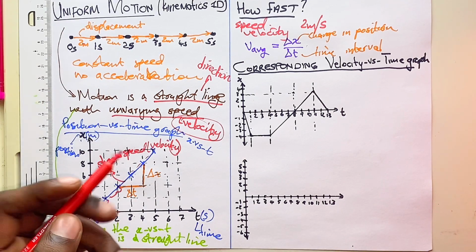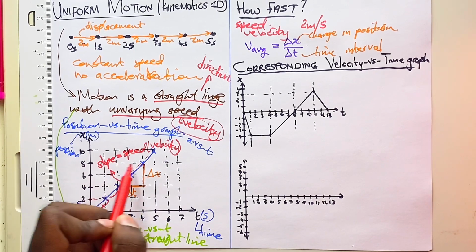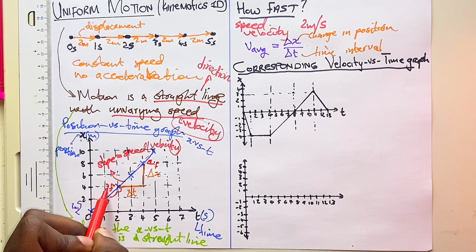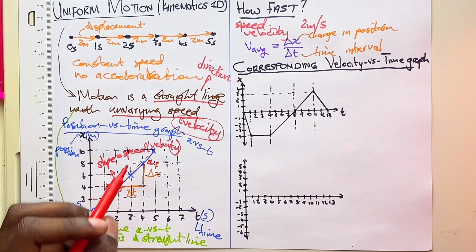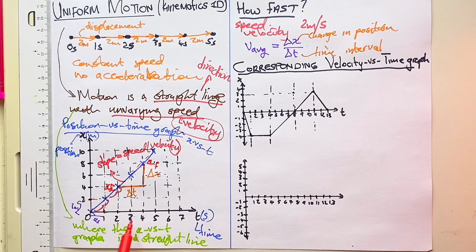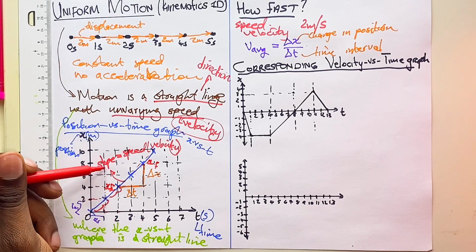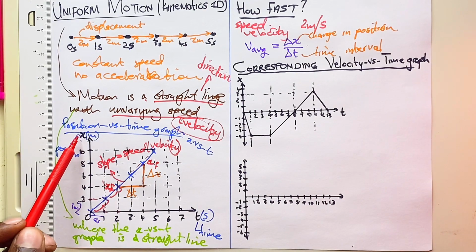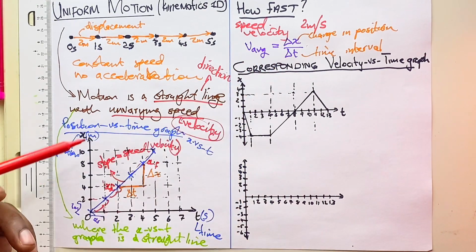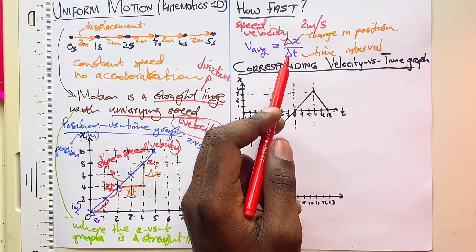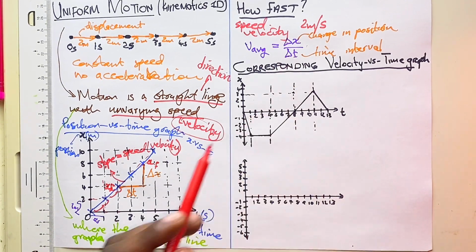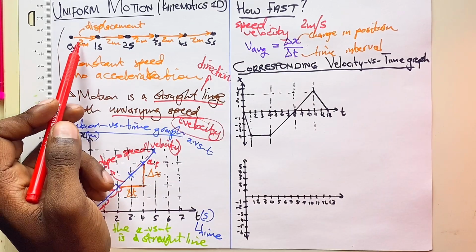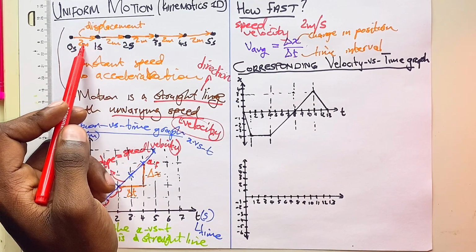To expand here, we're basically just saying take the x at the final, subtract the x at the initial, and then divide that by how much time it took you to move that amount of position. Now our x will be used to represent position, hence we say change in x over time interval, the time it took to move that amount of position. Here it takes 1 second to move 2 meters.